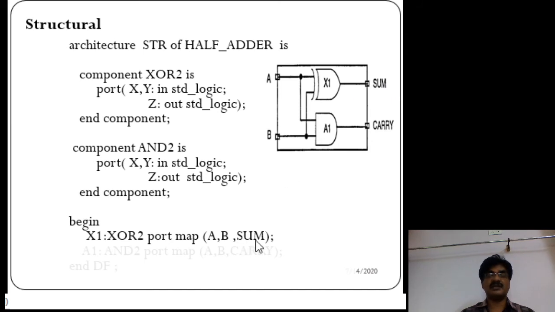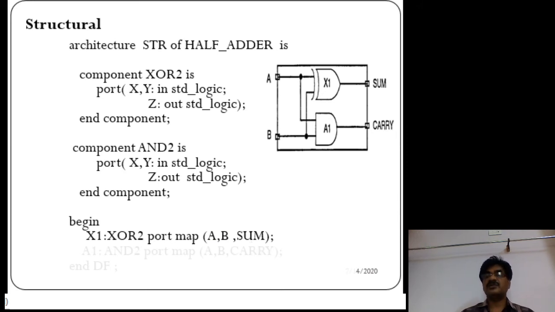But whatever order you write in the port map should follow the order in the component declaration. In the XOR component, X and Y, the first two declarations are the inputs and the third one is the output. Similarly, the same order you need to follow in the port map. A is the input, B is the input, and sum is the output.